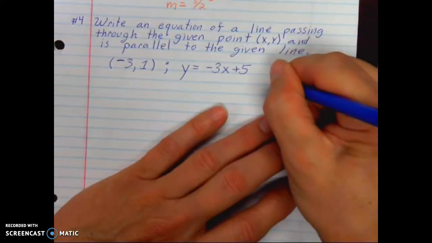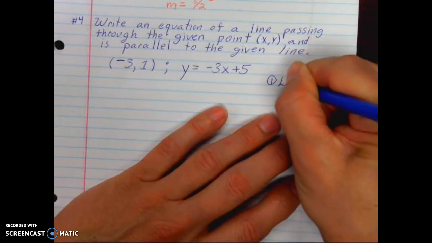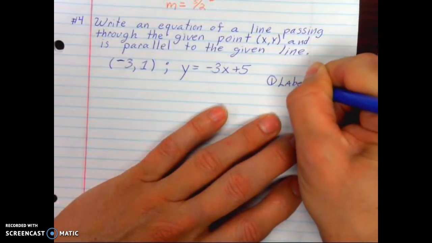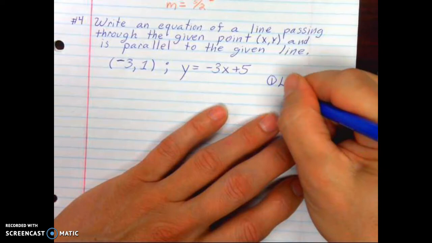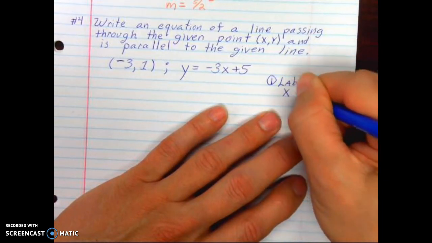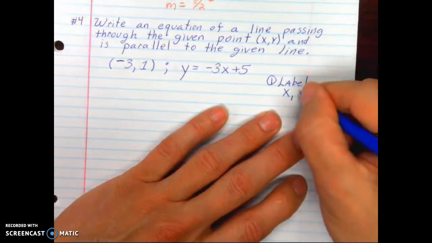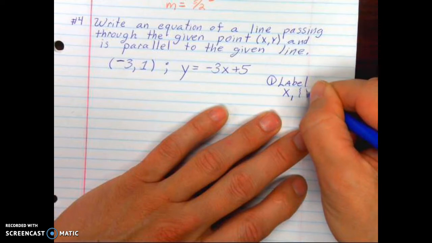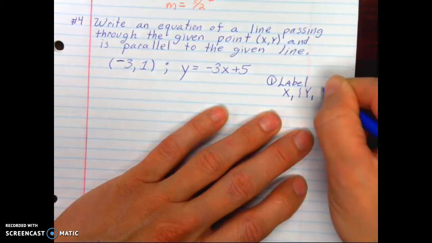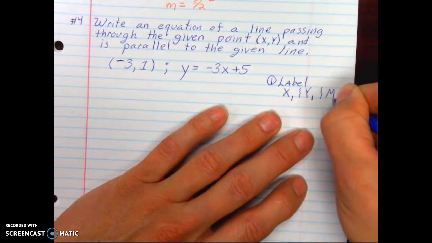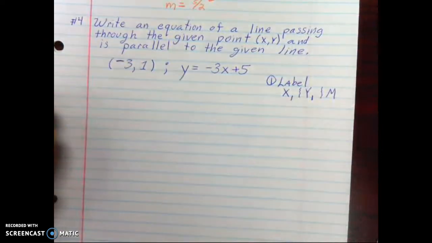Step 1. Label. All right, and what are you going to label? You're going to need to find an x1, a y1, and our slope. So there's step 1.